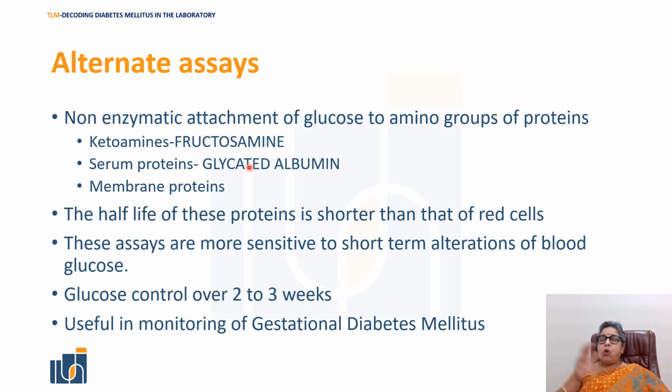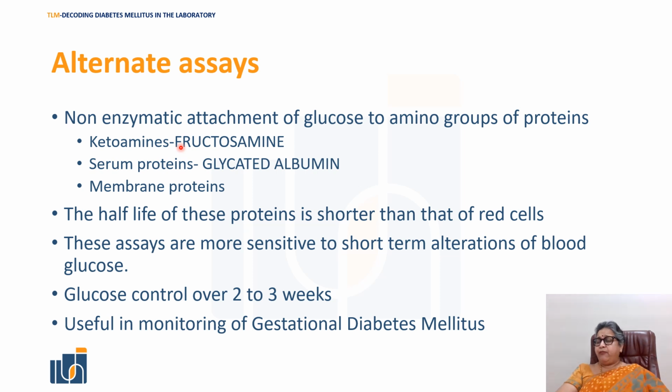And when you want to measure the blood glucose fluctuations over 2 to 3 weeks, which is very important in gestational diabetes mellitus, where I'm not really concerned about what happened in the last 3 months, I'm more concerned about the changes that occur over 2 or 3 weeks, and therefore I use fructosamine or glycated albumin, such kind of tests.